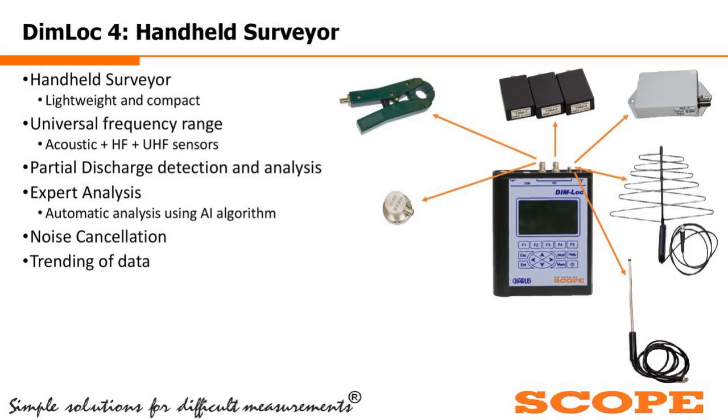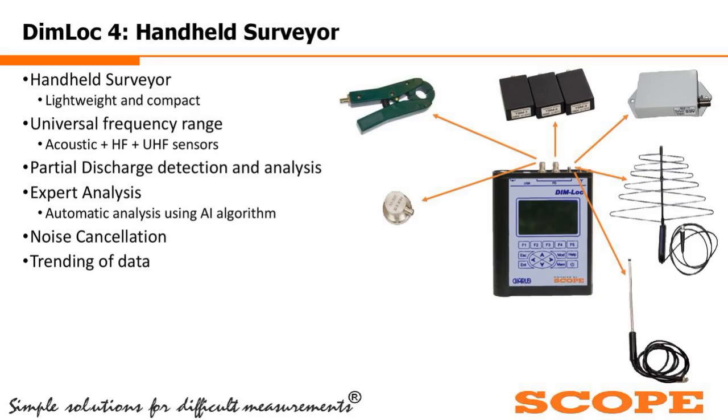So if we refer to our product selection guide, that chart, with the help of acoustic, yes, we can cover transformer application. With the HF, we can use it for the panel, cable, and even the motors and generators.